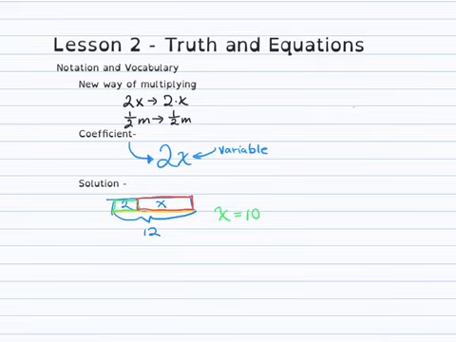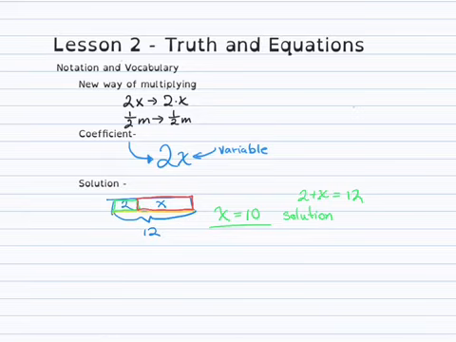So x is a solution to the equation 2 plus x is equal to 12. x is equal to 10 is a solution.